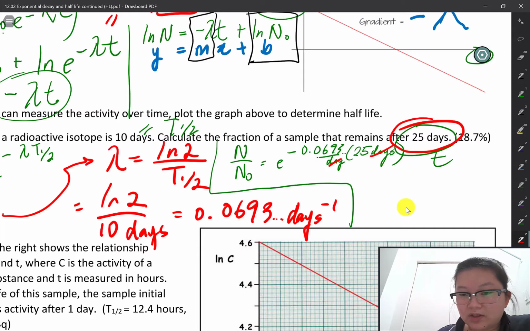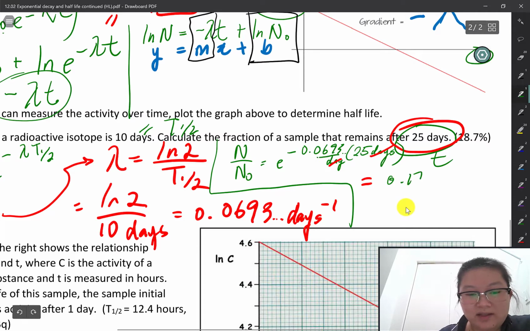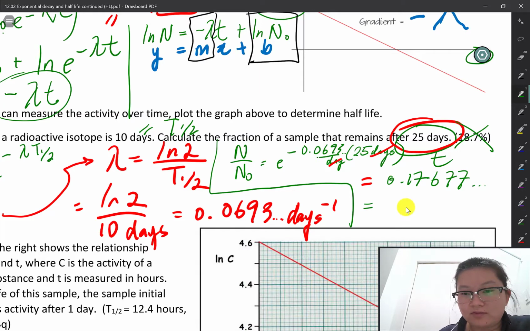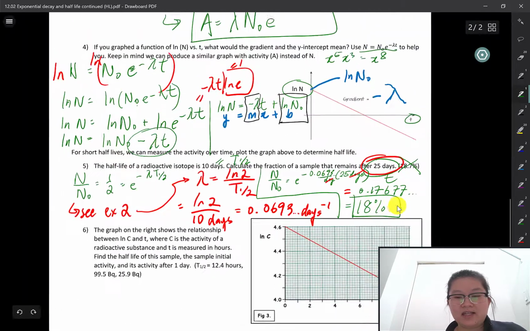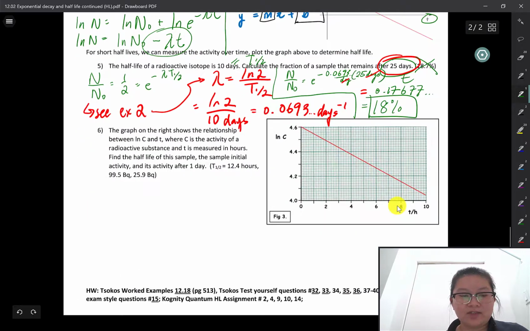Okay, so this is going to give me 0.17677 and so on, and the answer key is wrong. This is going to give you a percentage with, let's say, 2 sig figs. That's going to be 18%. Okay, all right, so there you go. That is 18%. Woohoo! That was the first example.